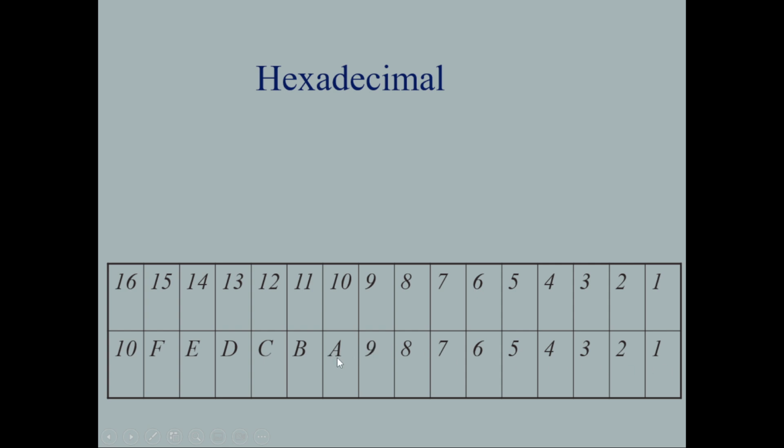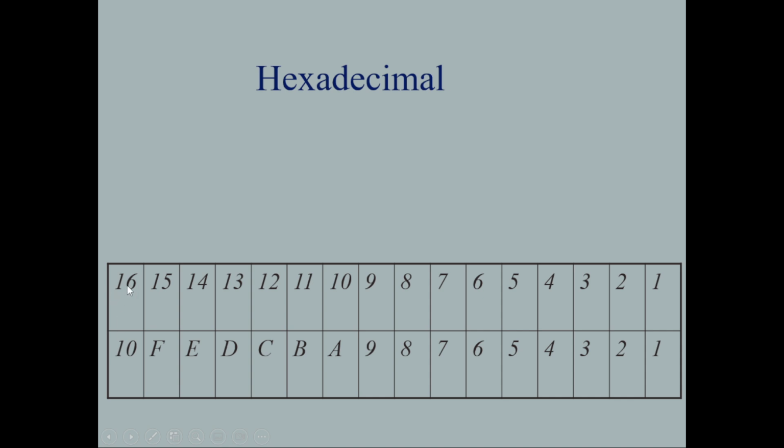When we get to 10, we don't have a single digit for it, so we represent 10 with the letter A. We represent 11 with the letter B. 12 is C. 13 is D. 14 is E. 15 is F. Then when we get to 16 for hex, we have one group of 16 with 0 left over.